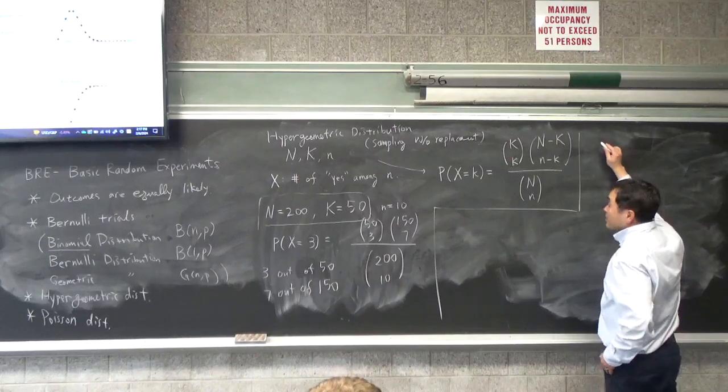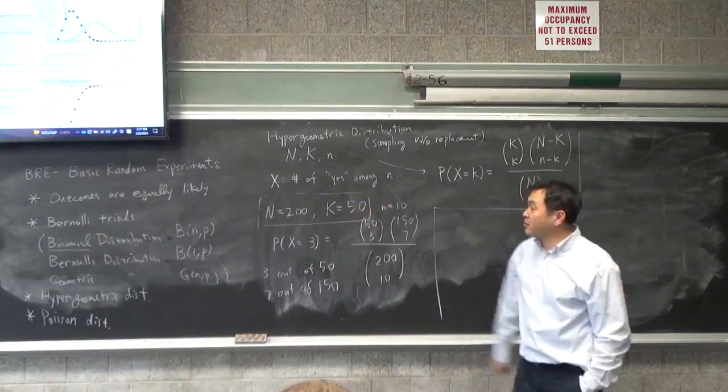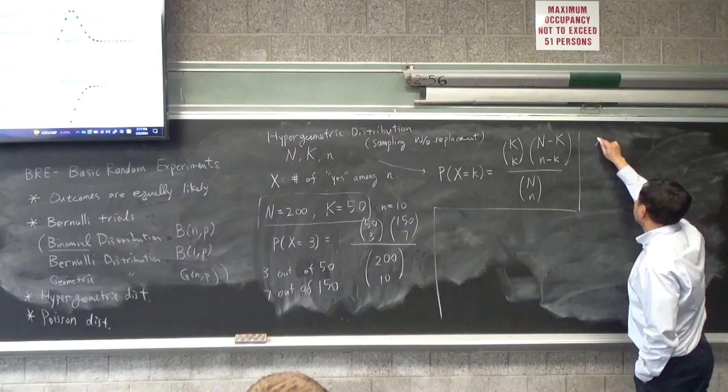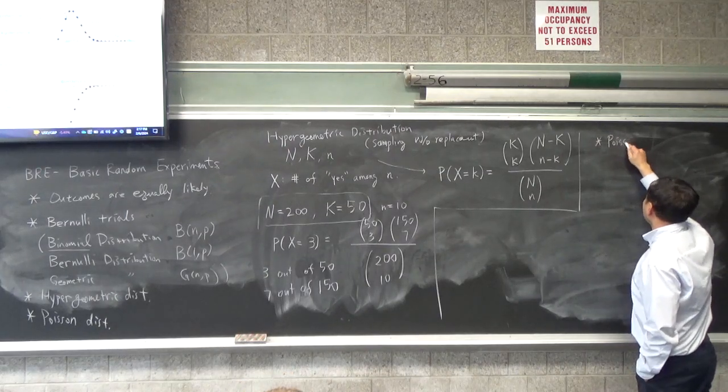The last BRE we're talking about is the Poisson distribution.